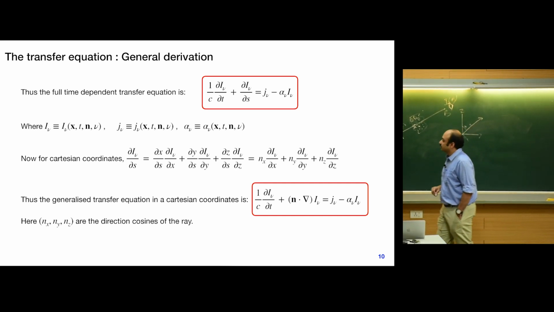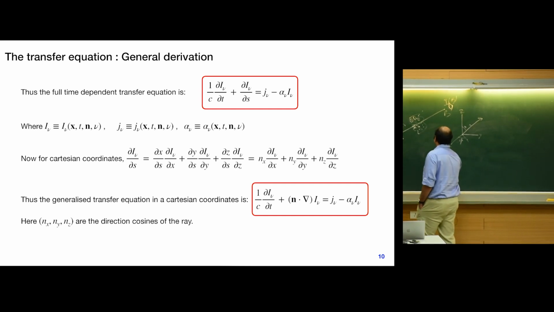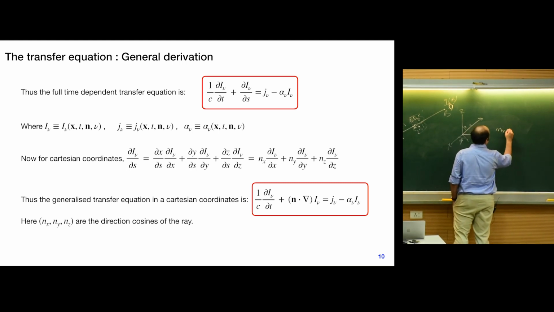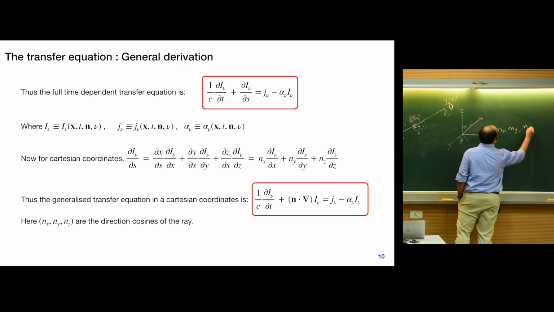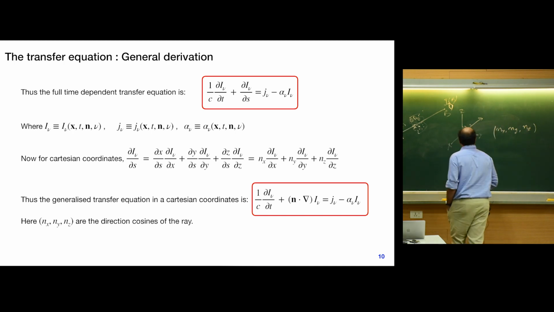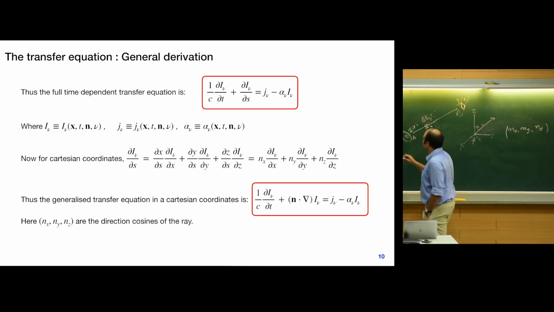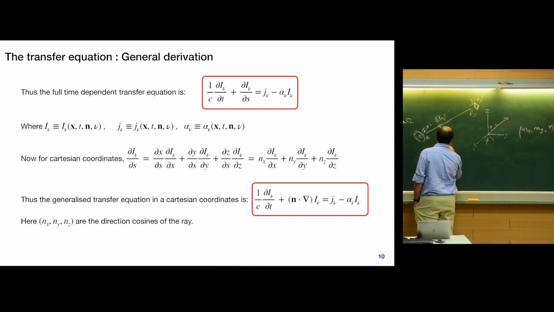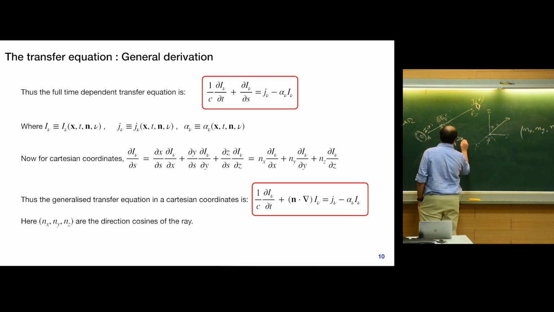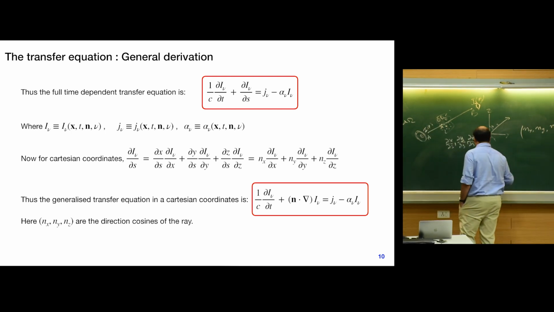So then this particular line is often denoted as nx, ny, nz, which are the direction cosines, which essentially give you the angle the line makes with each of these cardinal axes. And these derivatives here, del x del s, del y del s, del z del s, they are nothing but these direction cosines.